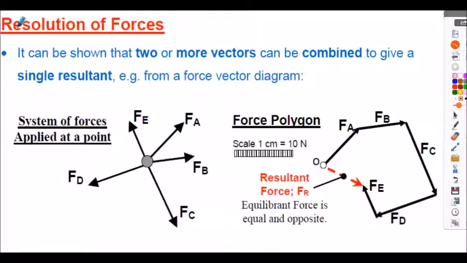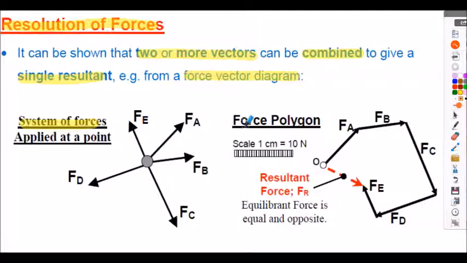So in the previous presentation, using graphical methods, we were undertaking resolution of forces. It was shown that two or more forces or vectors can be combined into a single resultant force using a force vector diagram. From the previous presentation, we were given a system of forces. There are 5 forces here labelled FA through to FE.